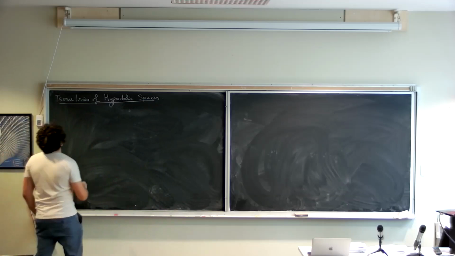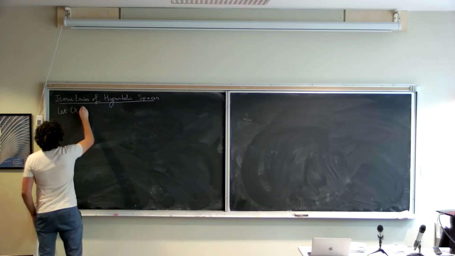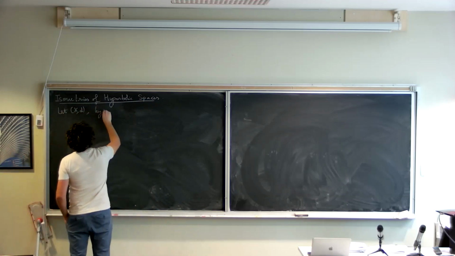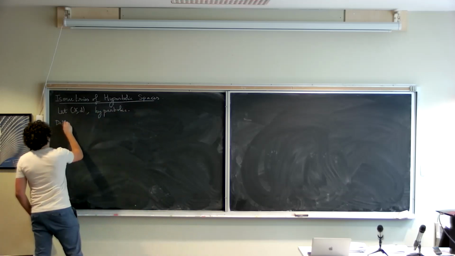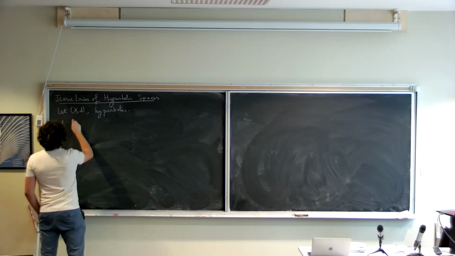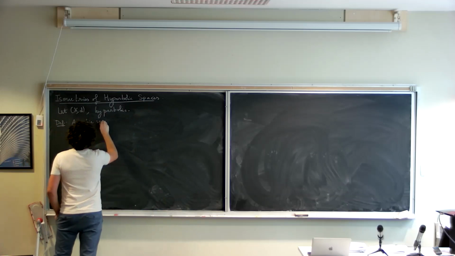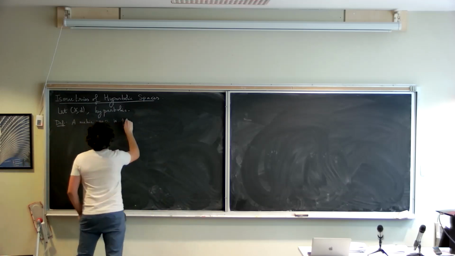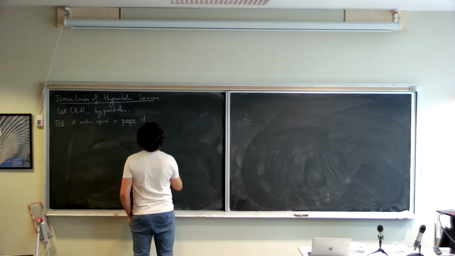So again, if (X, d) is a hyperbolic metric space, first of all, we need to give a few more definitions. We say that a metric space is proper if closed balls are compact.